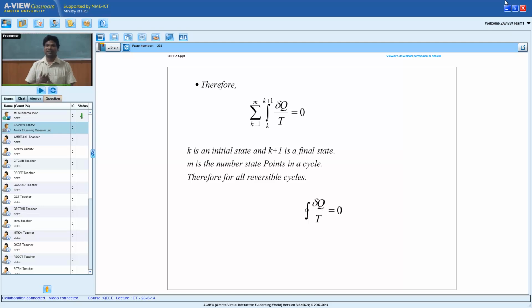What is that property which is controlled? It is the ratio of del Q by T. The cyclic integral of this remains 0. If you can try to control consciously this particular new property, which is impossible to feel by hand, that is the unfortunate thing. My senses cannot feel this one.